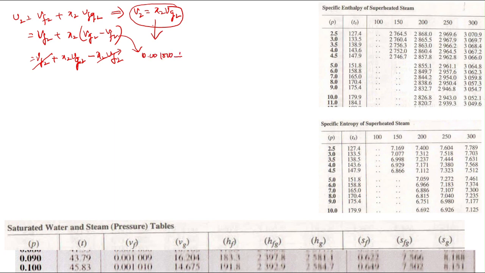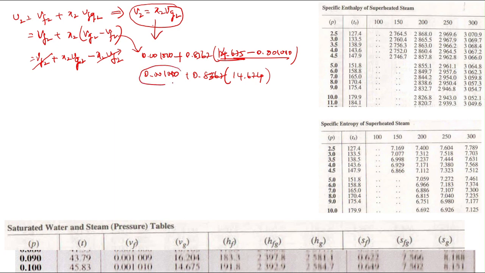0.001010 plus 0.8367 into (14.675 minus 0.001010). The difference, 14.674 versus 14.675, is negligible.